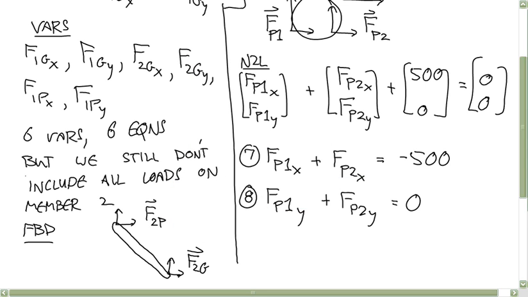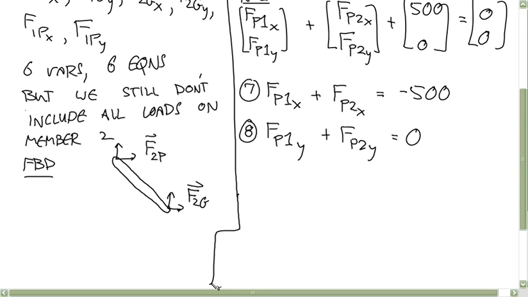And now list the variables. F1gx, F1gy. So I'm still taking all the variables. We haven't done anything that could possibly get rid of variables we had before. So those are all in there. The question is just when we add more. F2gx, F2gy. What else do we have?